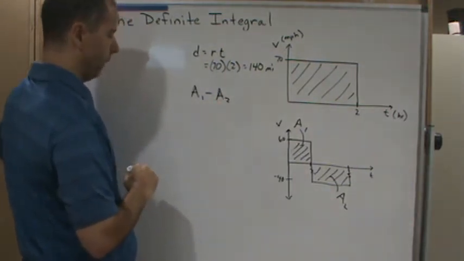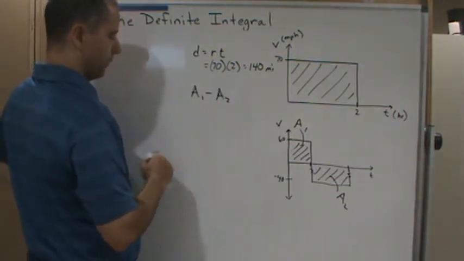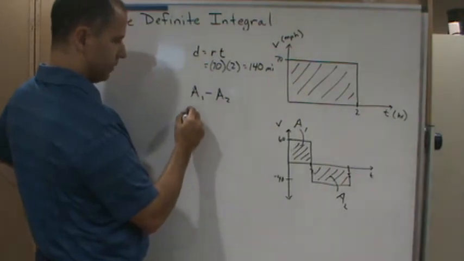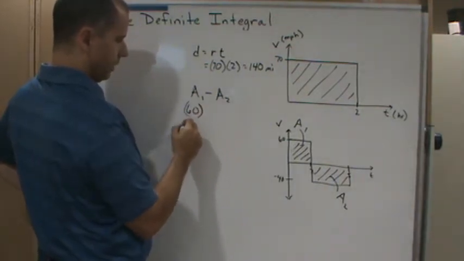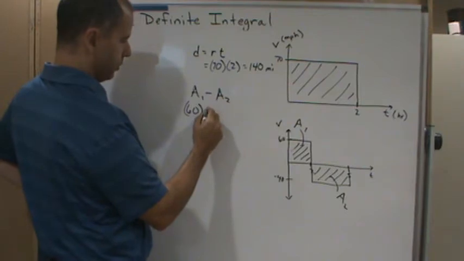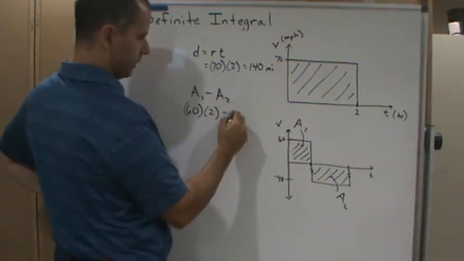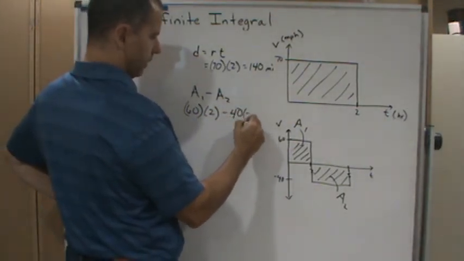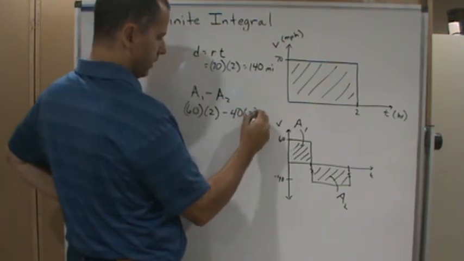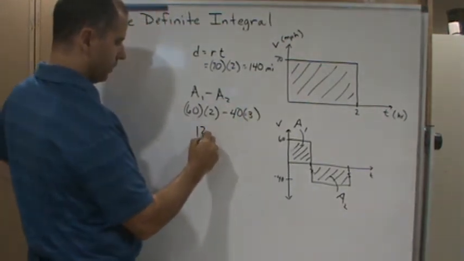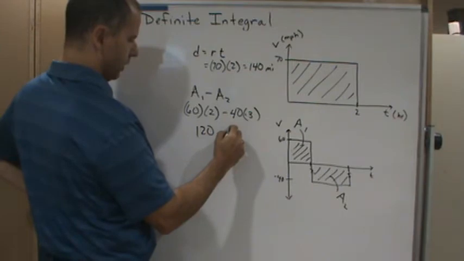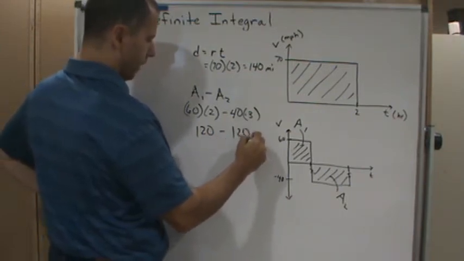This is 60 times 2 minus 40 times 3, which gives 120 miles minus 120 miles, which equals 0.